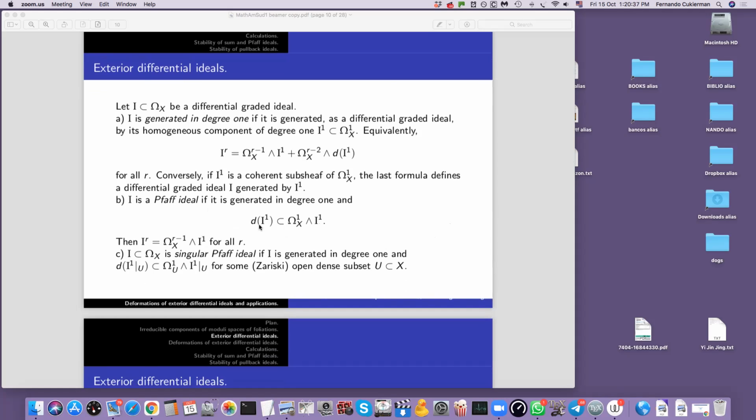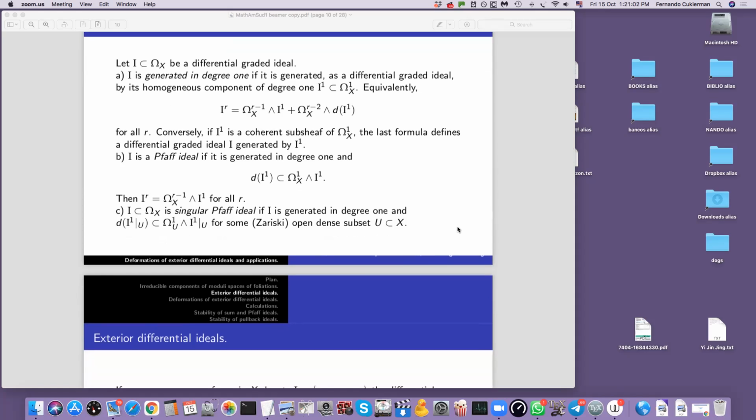So basically, when you have this, you don't need this part. The ideal is already generated by the algebraic part. So under these conditions the ideal is generated algebraically by omega 1. You don't need the exterior derivative because it is already taken care of by this.